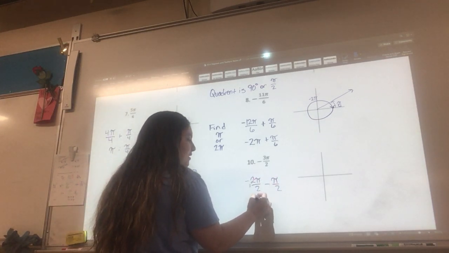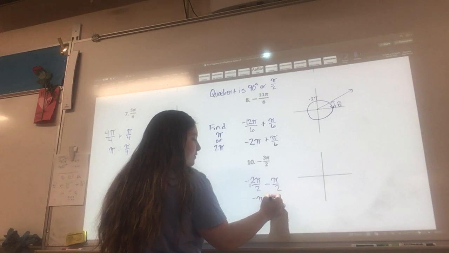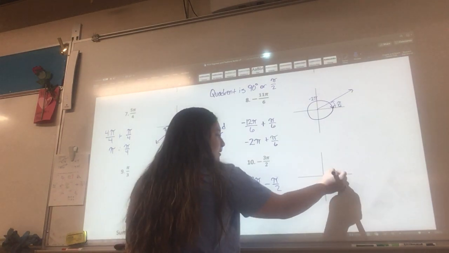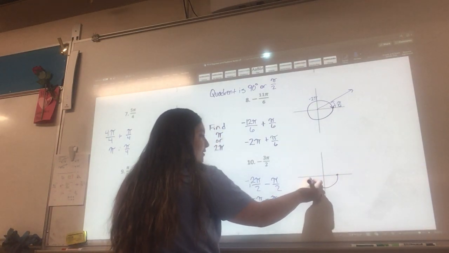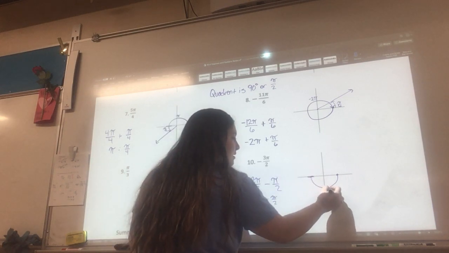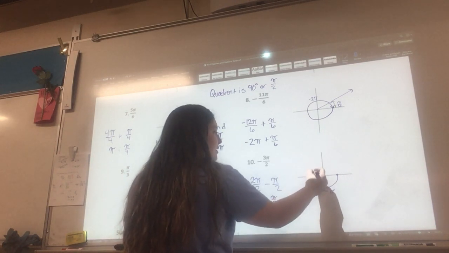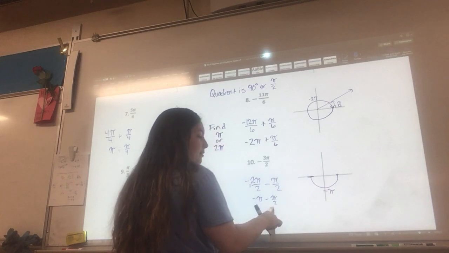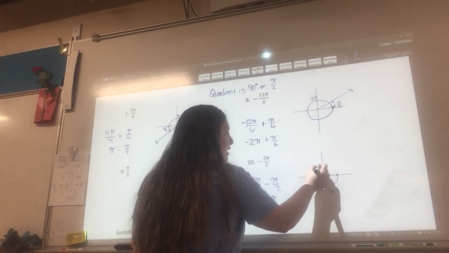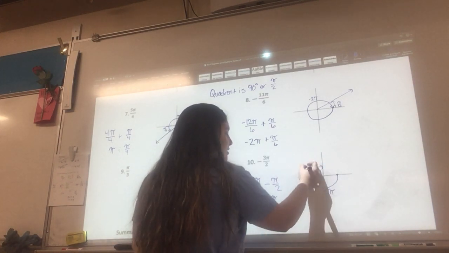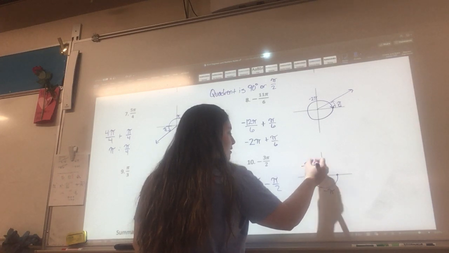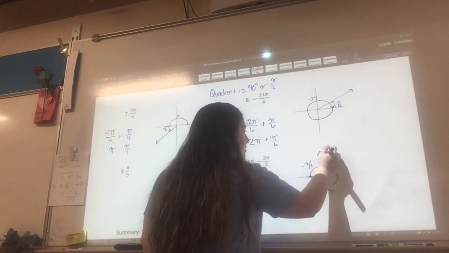So this means it's negative pi minus pi over 2. I start over here, I go negative pi, and I'm going to see that this halfway point, pi over 2, is just right here. So we have negative pi over 2, and we see that this is our standard position.